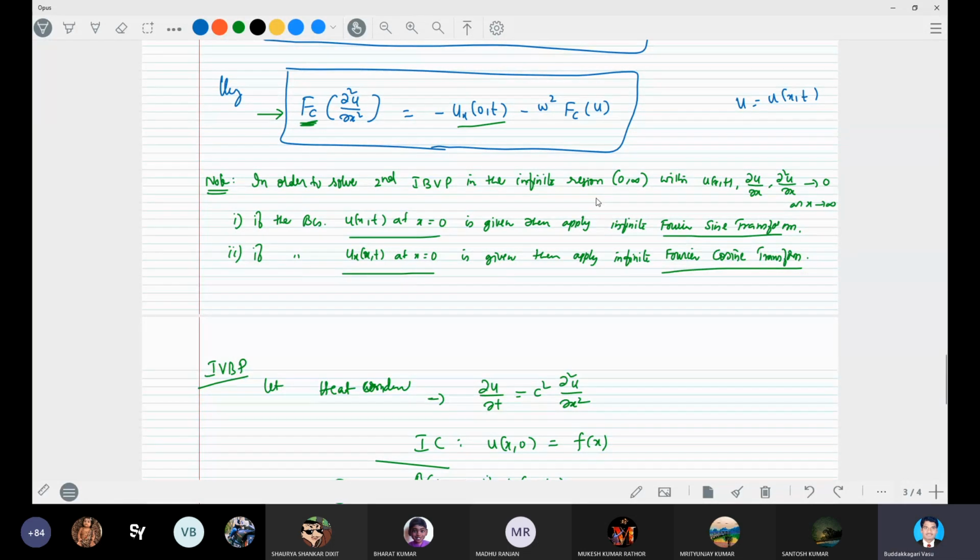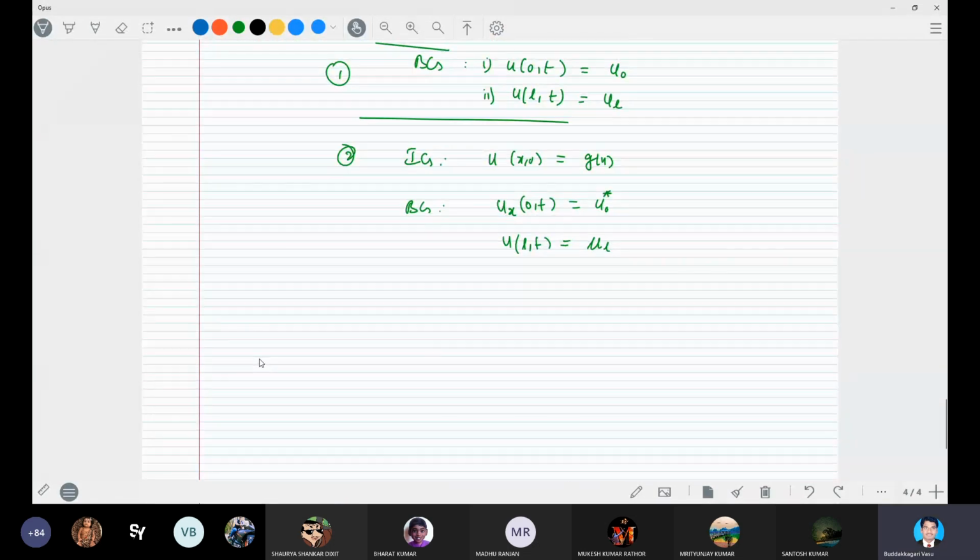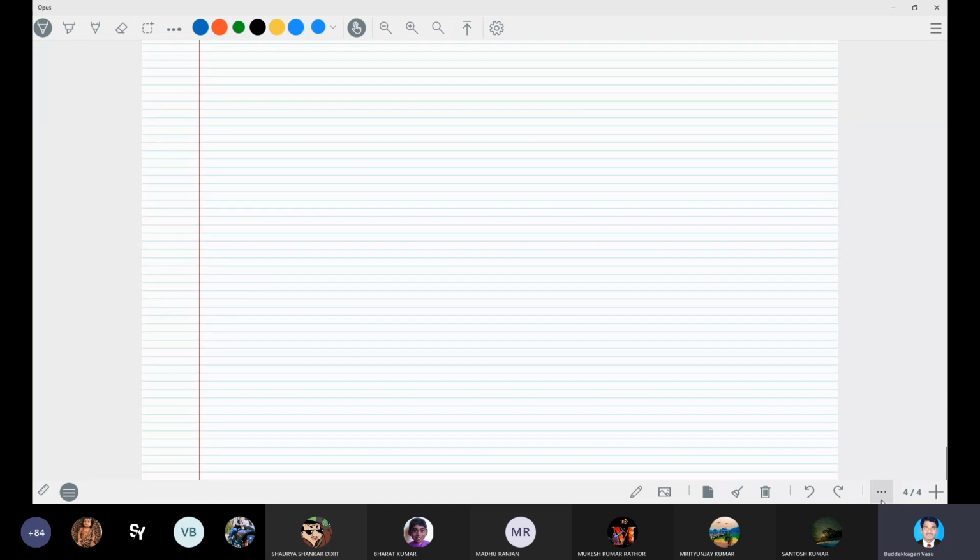Now let's take a problem in the infinite region as well as the finite region.